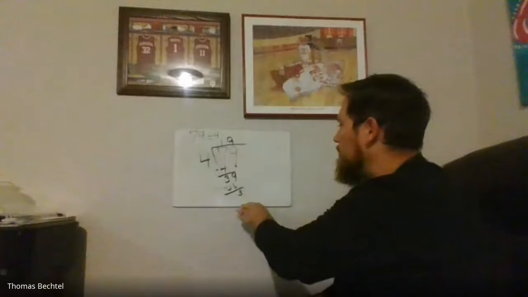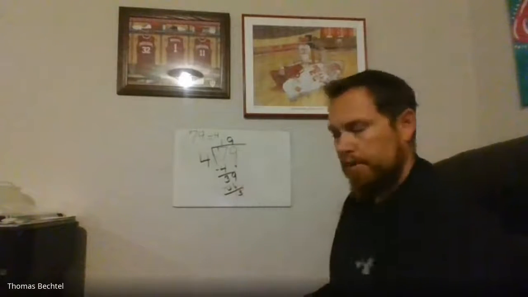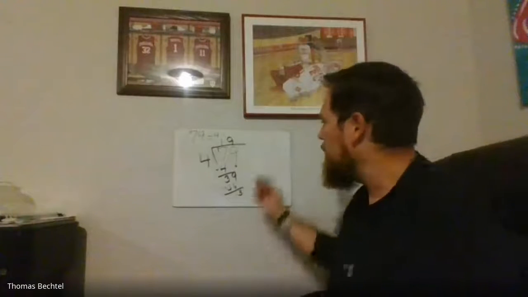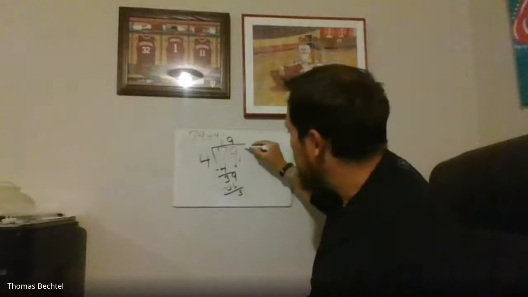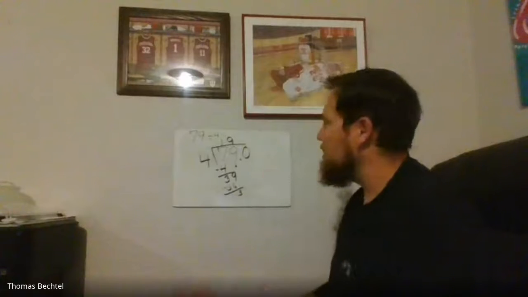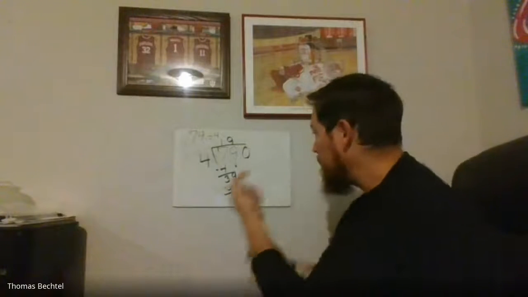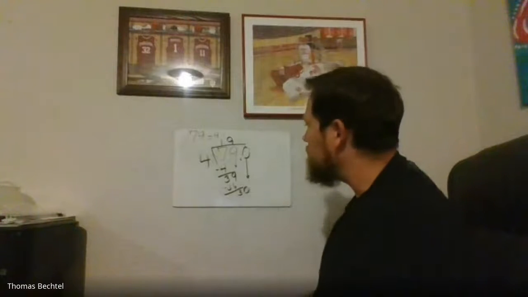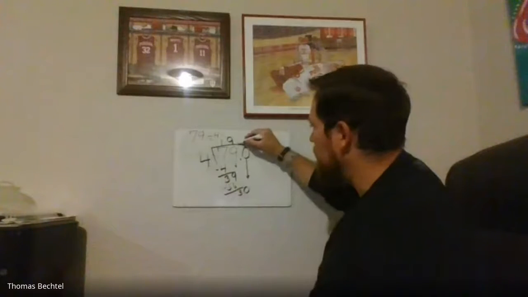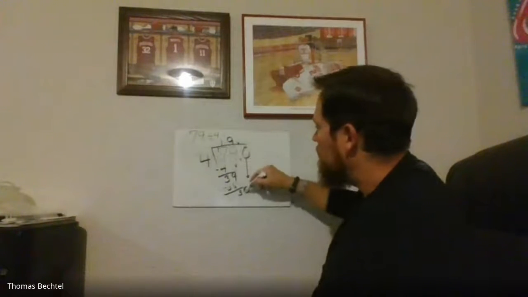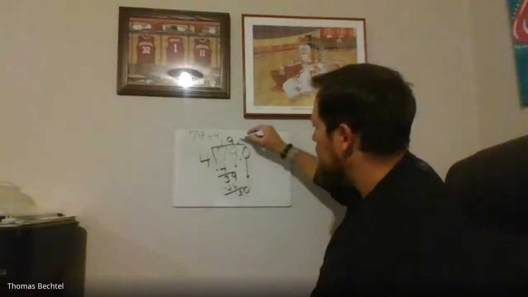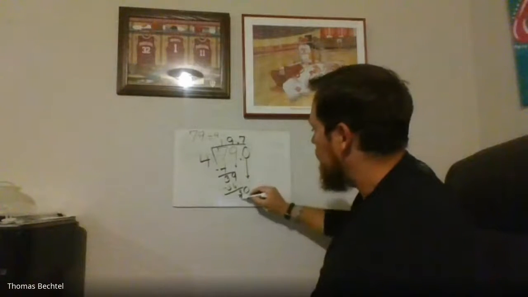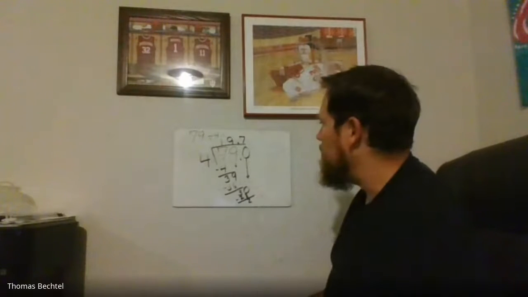Now, some of you wanted to put 0.3. That's not how we do that, because we actually know that there are zeros on the other side of the decimal point that don't show up in our whole number. So just like we were doing earlier, we bring that 0 down, and then the decimal point comes up here. So 4 will go into 30 7 times with 2 left over.